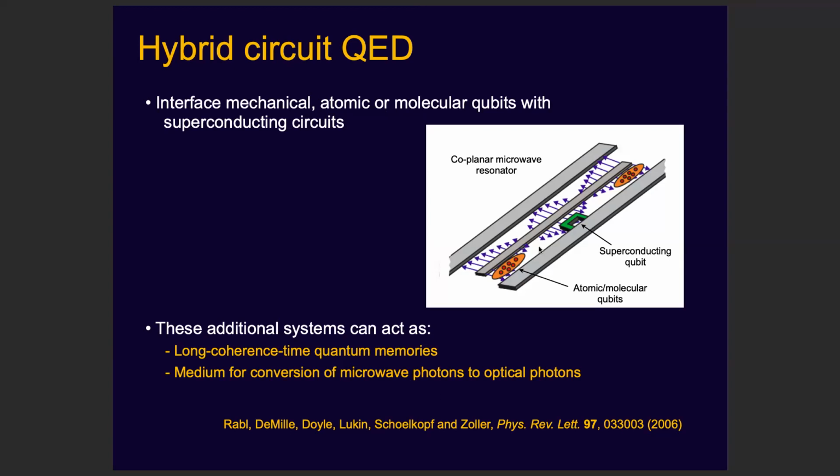So the idea here is that this is a cartoon picture of a microwave waveguide, which is the center gray region. Here is the center of the waveguide. White regions are the insulated gaps, and this outer gray region is the ground. This is like a coaxial cable. That just means this is kind of set up like a resonator, so there's some mode here. And this could have, for example, a superconducting qubit fabricated on the surface of the circuit.